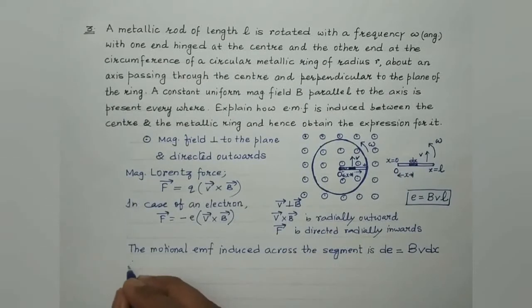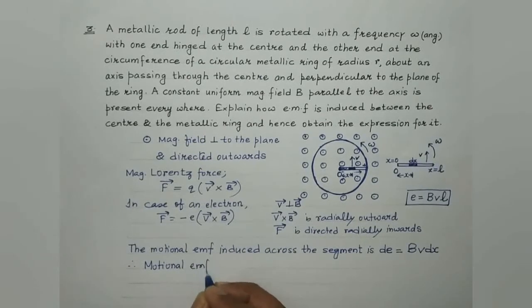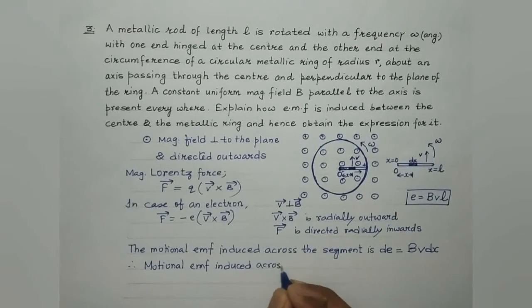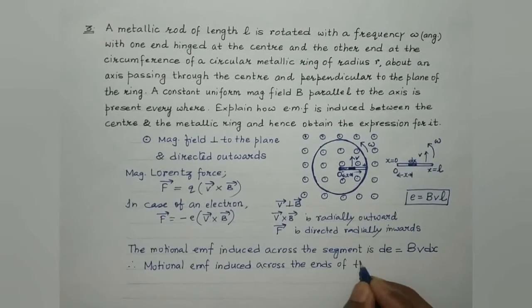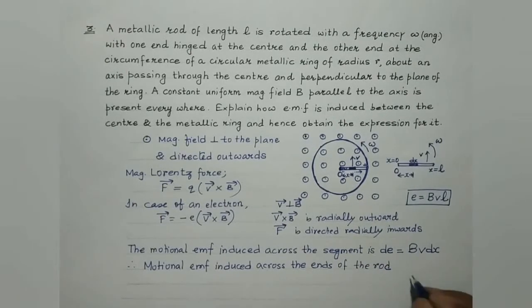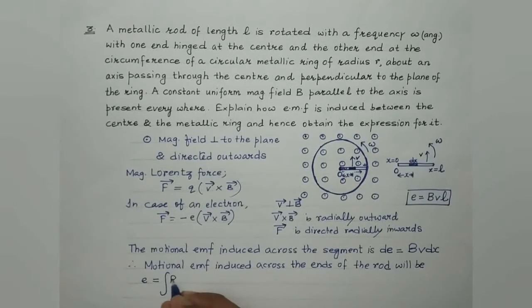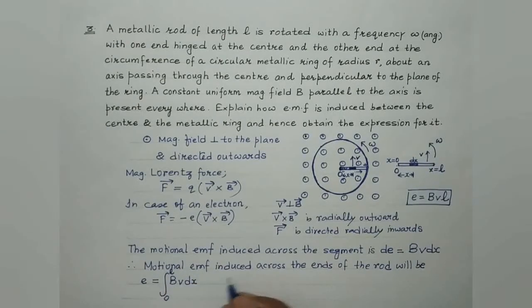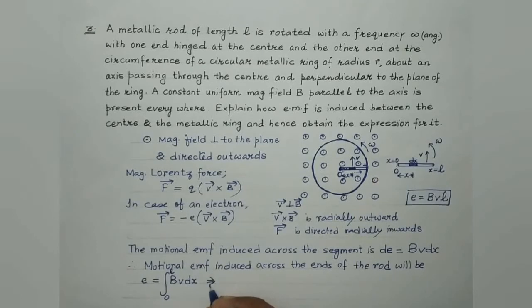So therefore, the motional EMF induced across the ends of the rod will be given by the integration of B V dx, and the limits would be from 0 to L. The magnetic field is uniform, so it can be taken outside the integration.